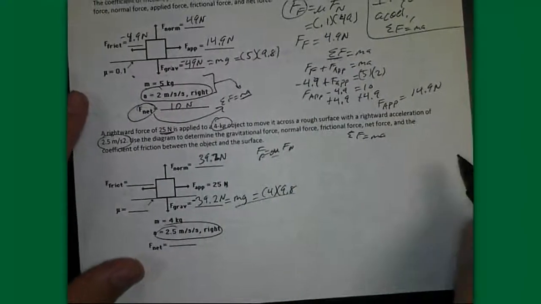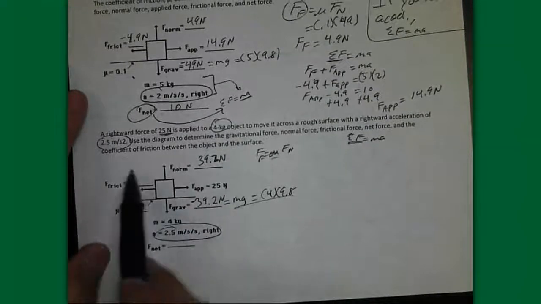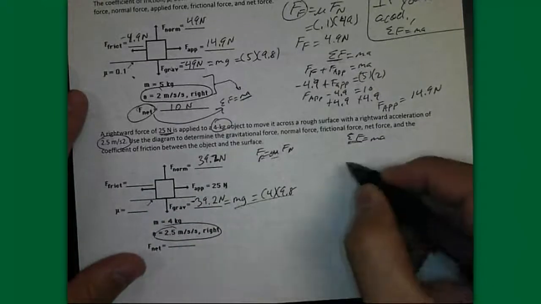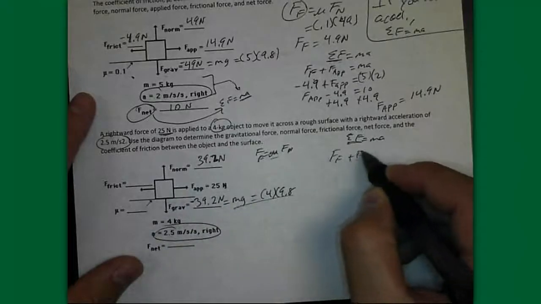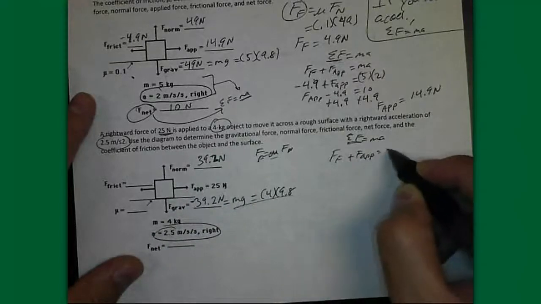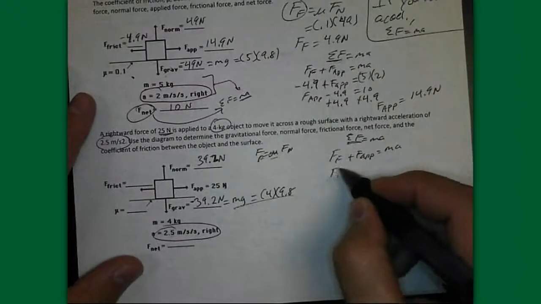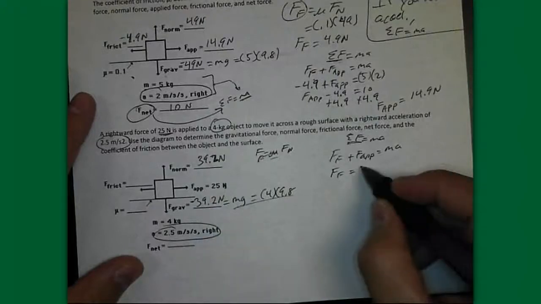Sigma F equals ma. All right, so again, sigma F, I will sum the forces in the x direction because that's the direction that I have acceleration. So my friction force plus my applied force equals the mass times the acceleration. And now to add numbers, I don't know the friction force, but they told me the applied force was 25 newtons.